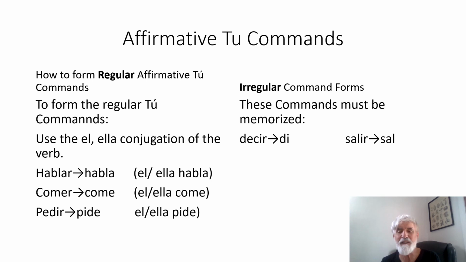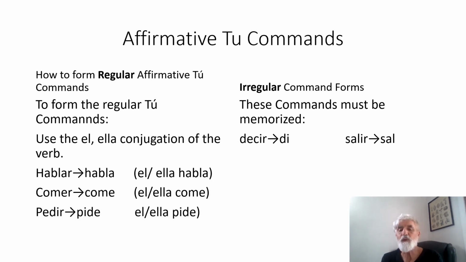From the verb decir, to say or tell, if you want to give a command, tell me or say, you say di, all right? You don't use the ella conjugation which would be dice. We don't use it. These are totally unique and we must memorize them. So if you want to give somebody a command to say something, you would say di.